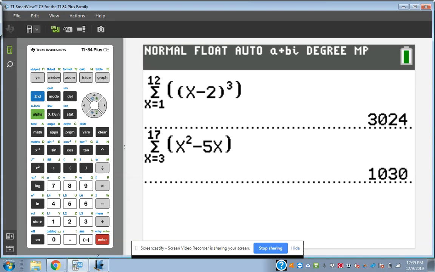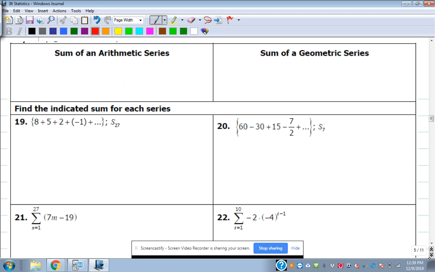The next part on the next page, it says a sum of an arithmetic series, and then up the top it's got another box that says the sum of a geometric series. These are two formulas that we're going to use. The sum of an arithmetic series: S sub n means the sum to whatever number of term you want to get to. So this is for starting at the first term and getting to a certain other term.